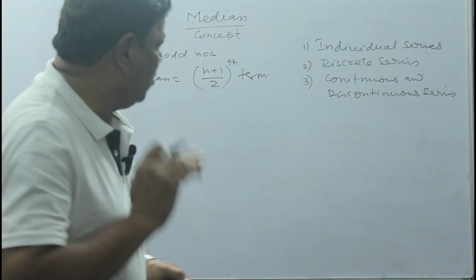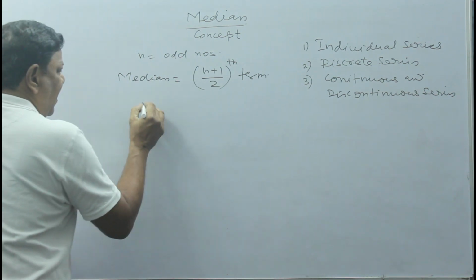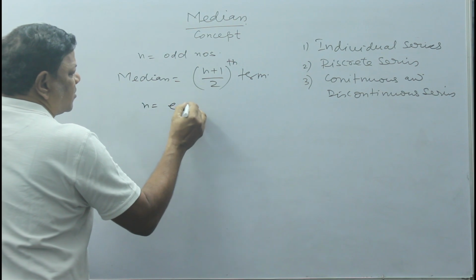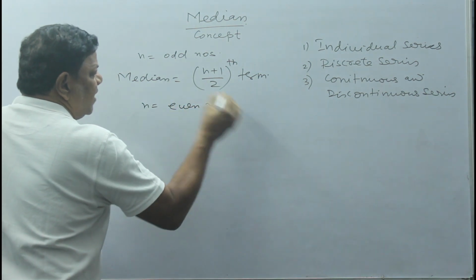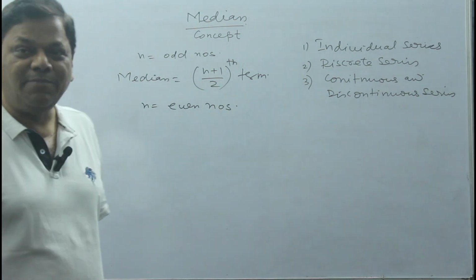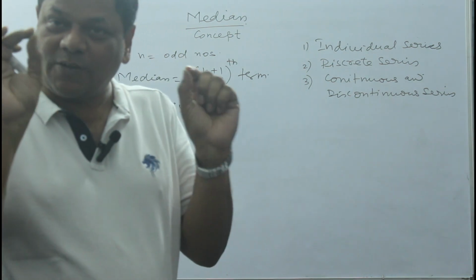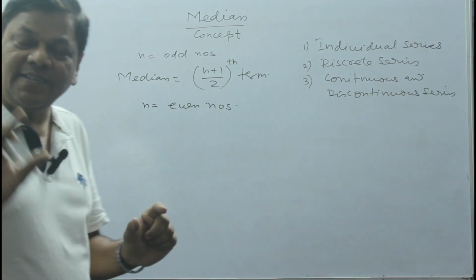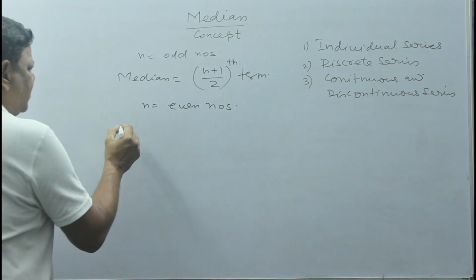Okay. Now, the second part. When n is equal to even numbers, that time there are 2 middle terms. Their average is actually the answer. So how to write that?